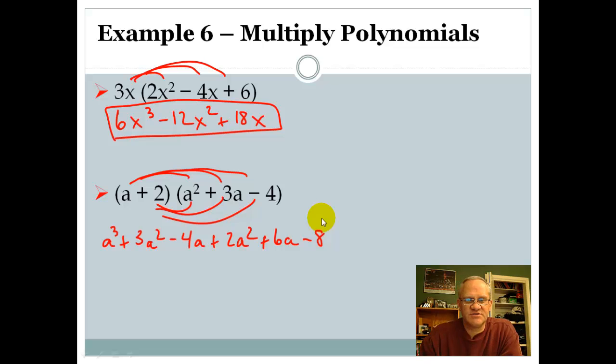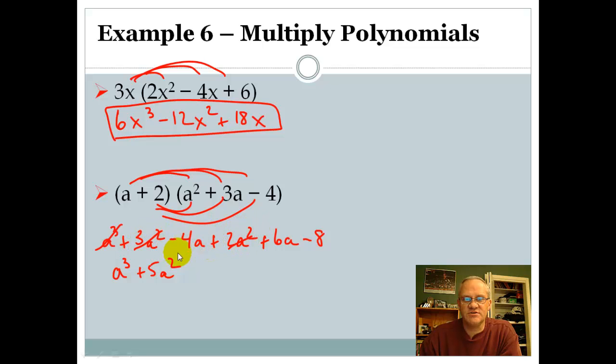Remember what we did on the last screen there? So I'm going to do it in descending order. Biggest power of a first, so I've got a to the third. And then I've got 3a squared and 2a squared, so that's 5a squared. Notice when I'm adding, the exponent stays the same. It doesn't change.